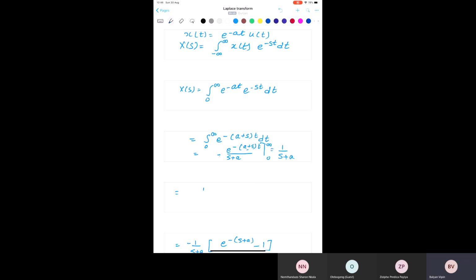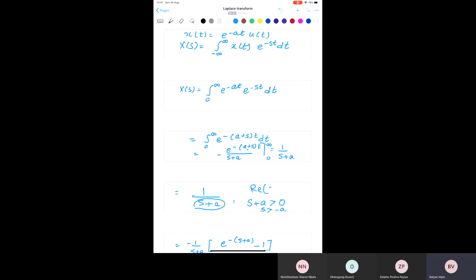The only thing you need to find now is the region of convergence. The region of convergence is whatever you have in the form of s, s plus a, s minus a; you put it greater than 0. So s plus a greater than 0, so it is s greater than minus a.